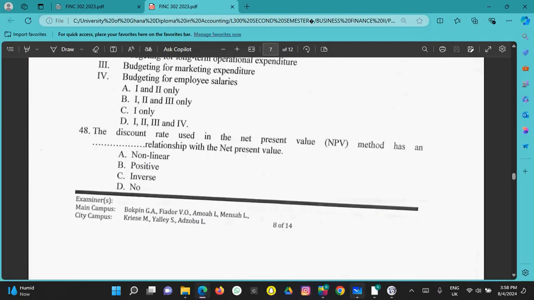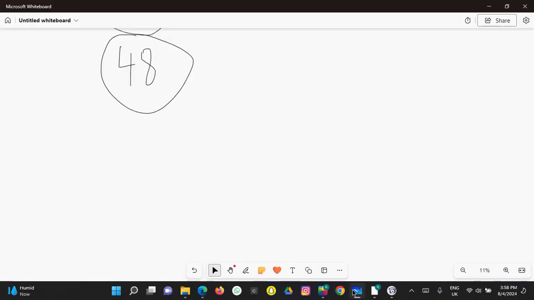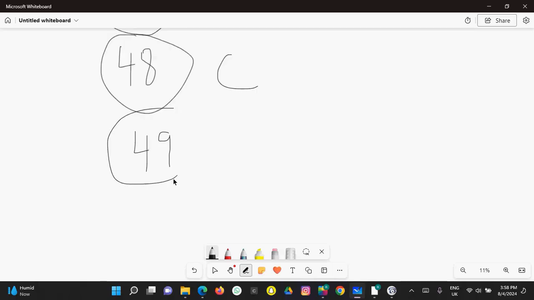The discount rate used in the net present value method has an inverse relationship with the net present value. Number 48 is C. Number 49.